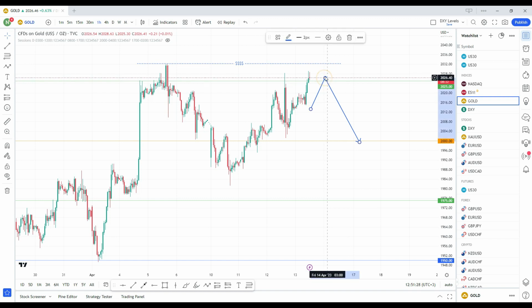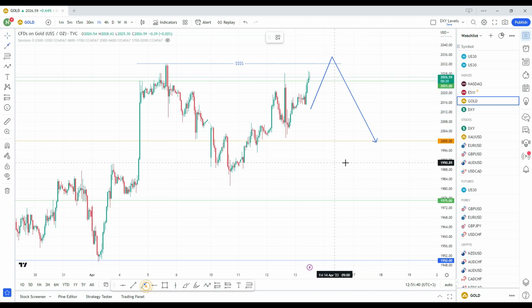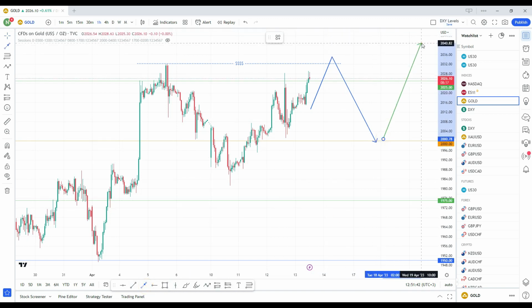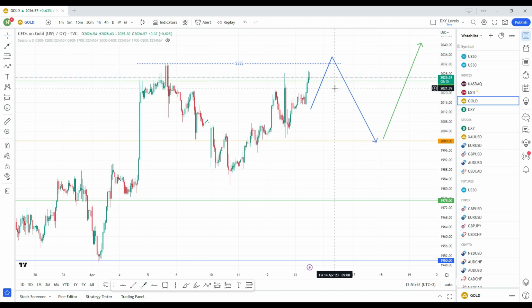Gold might extend to this zone to take out all that liquidity before retracing. It could be a retracement to this zone and then another movement on the uptrend. Whenever liquidity is taken, there's a high chance of retracement because the market will have momentum to move.